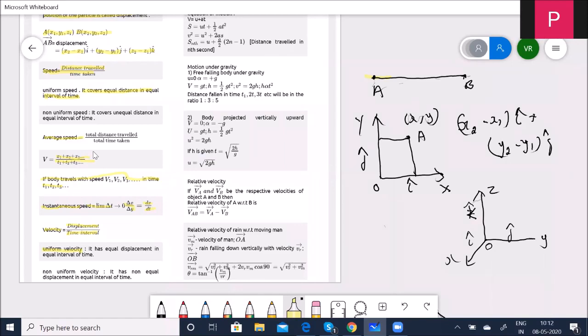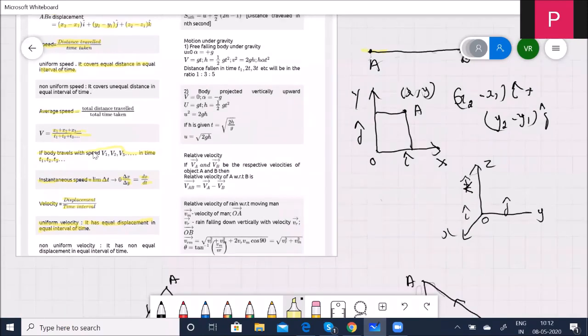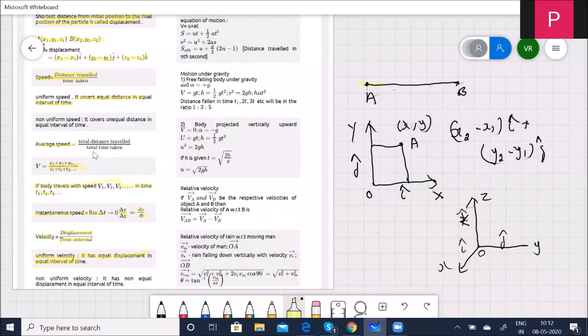What is uniform velocity? Uniform velocity has equal displacements in equal intervals of time. There we said speed covers equal distance in equal intervals of time; just the same, instead of distance, it is displacement. Next is non-uniform velocity. Non-uniform velocity has unequal displacements in equal intervals of time.